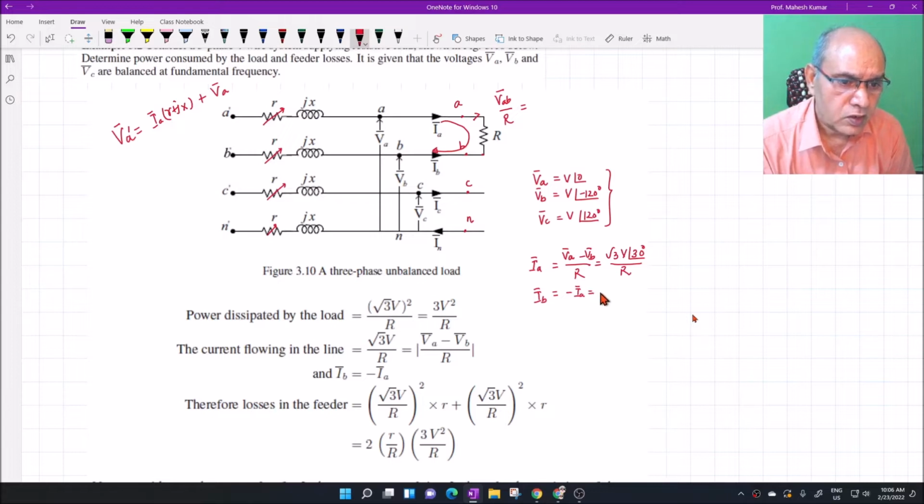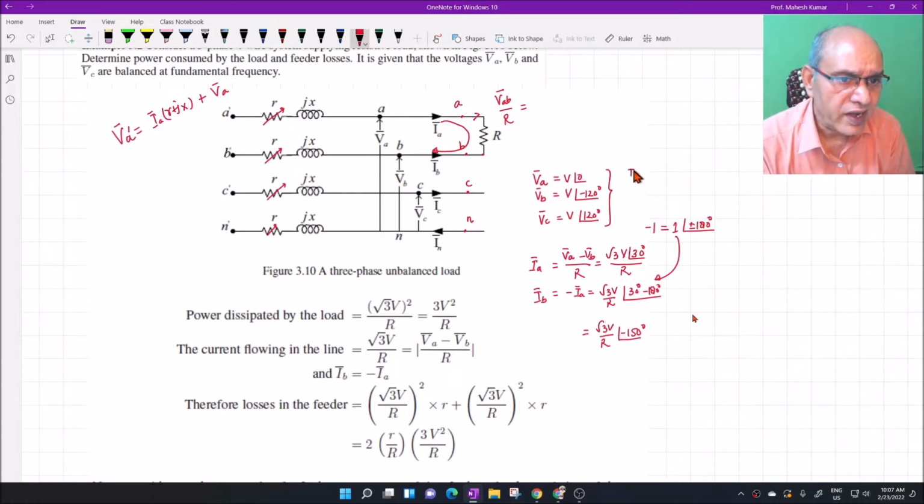That means root 3 V by R angle 30 degrees, and you can add minus 180 degrees for the negative sign, because minus 1 can be written as one angle of either 180 degrees or minus 180 degrees. Anything you write, the result will be the same. So minus 1 is replaced by angle minus 180 degrees and it becomes root 3 V by R angle minus 150 degrees.